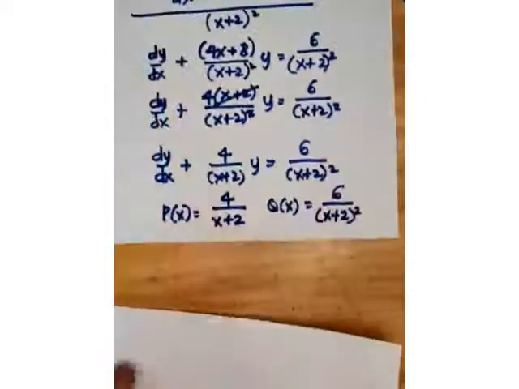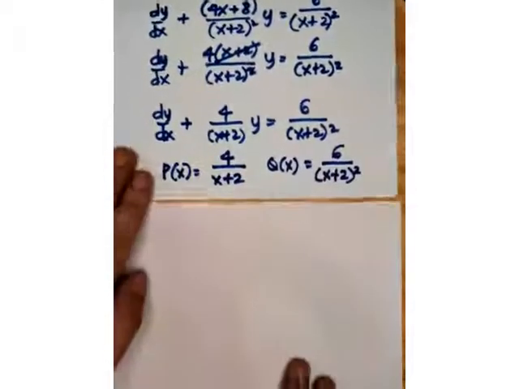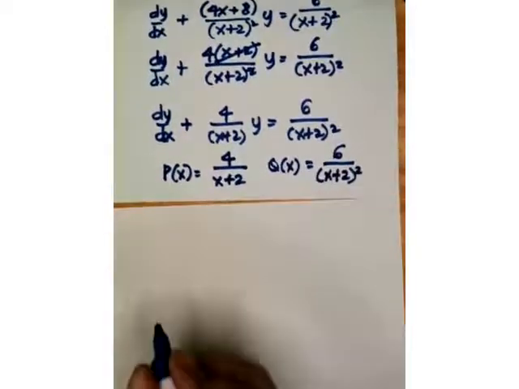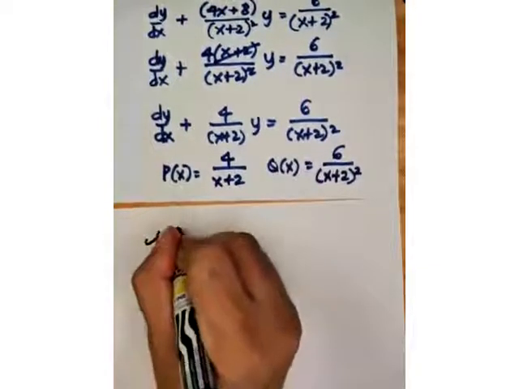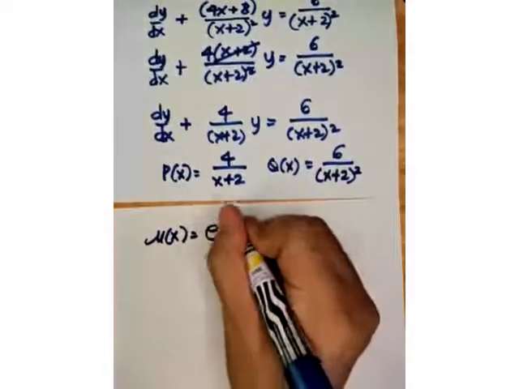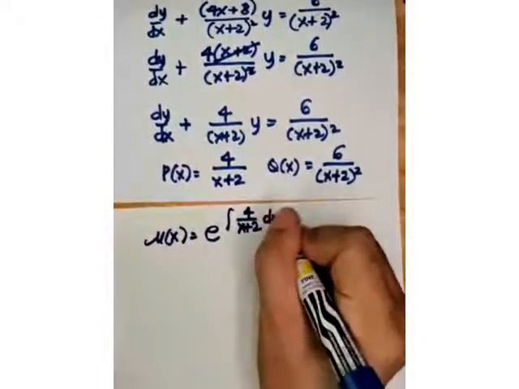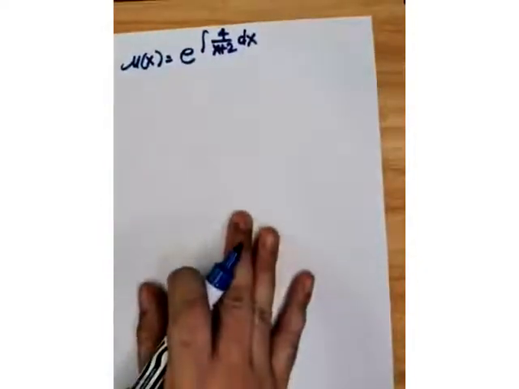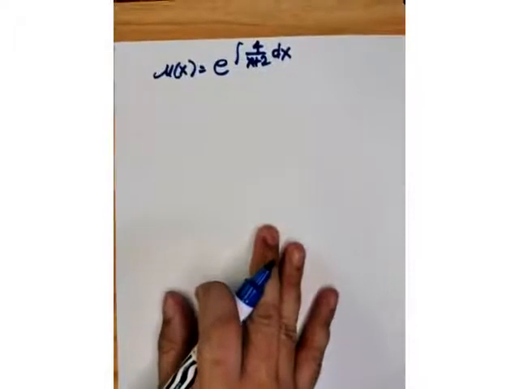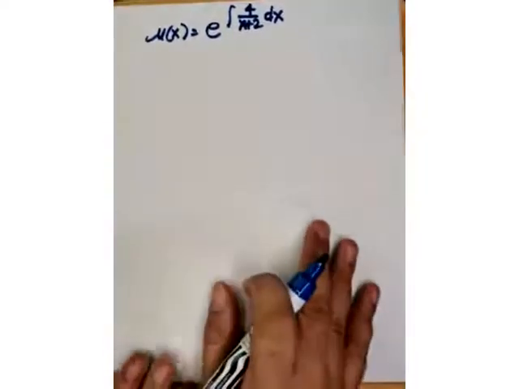Now that we have the p of x, let's get the integrating factor. The integrating factor is e raised to the integral of 4 over x plus 2 dx. So let's perform the integral.